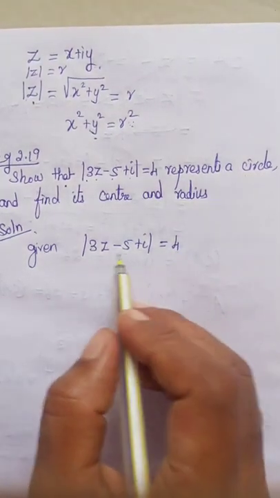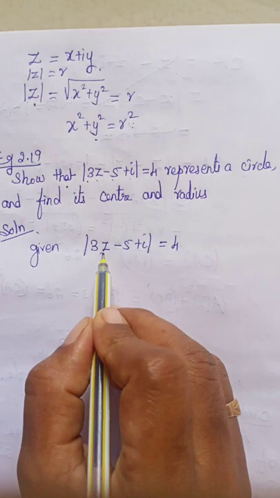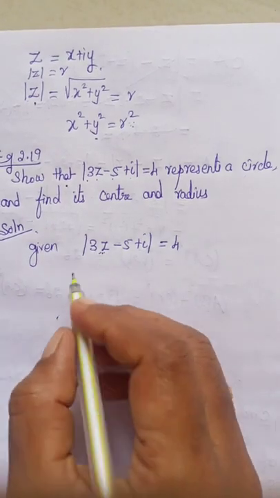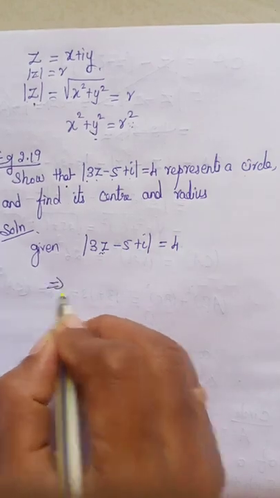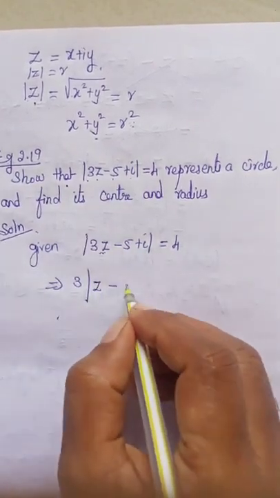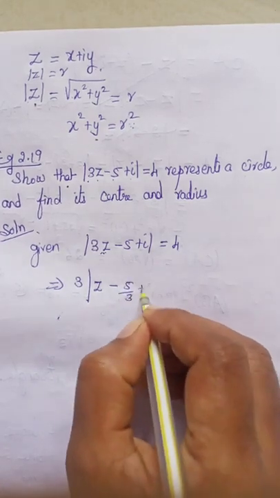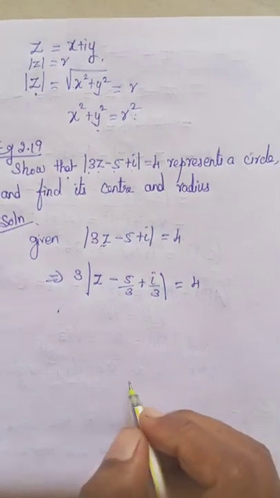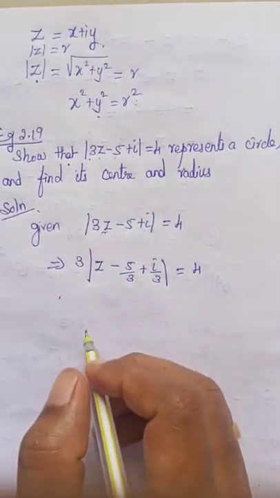Actually, here Z should be alone, no coefficient should be there. So I am taking it out. Which implies, when we take the 3 outside, we get Z minus 5 by 3 plus I by 3 equal to 4. I have taken 3 outside.